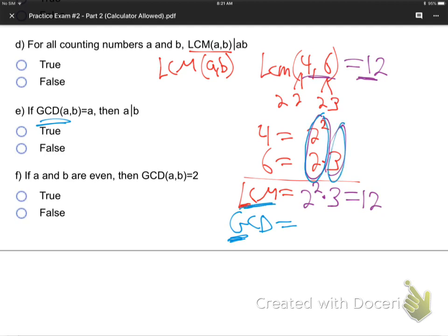For LCM, I take the highest number of 2s and the highest number of 3s. For GCD, I take the lowest number of 2s. What's the lowest? A single 2. What's the lowest number of 3s? None. No 3s at all, because 4 has no 3s. So it's just 2. The GCD would be 2, and 2 is the number that goes into 4 and 6. That's what GCD is.